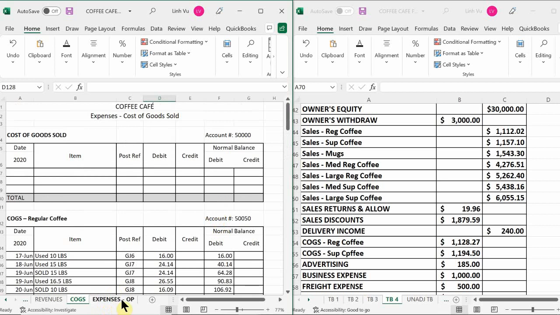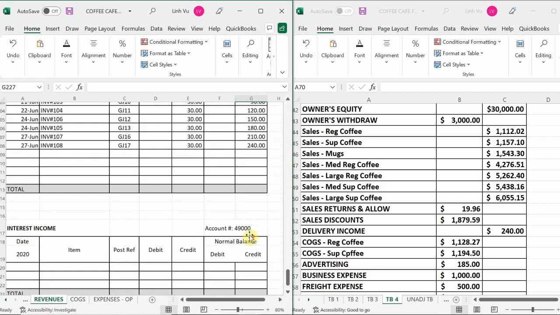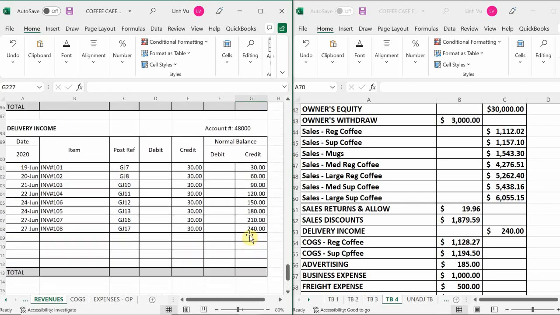See, now that I am off by $1, I literally have to go through every single account to find it. Do you guys have it?